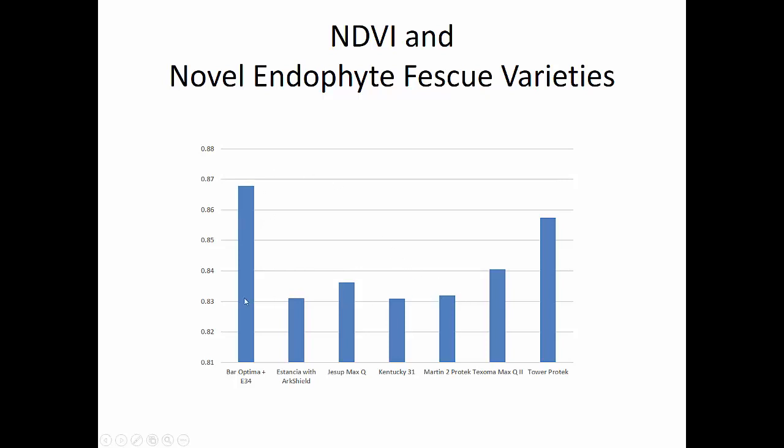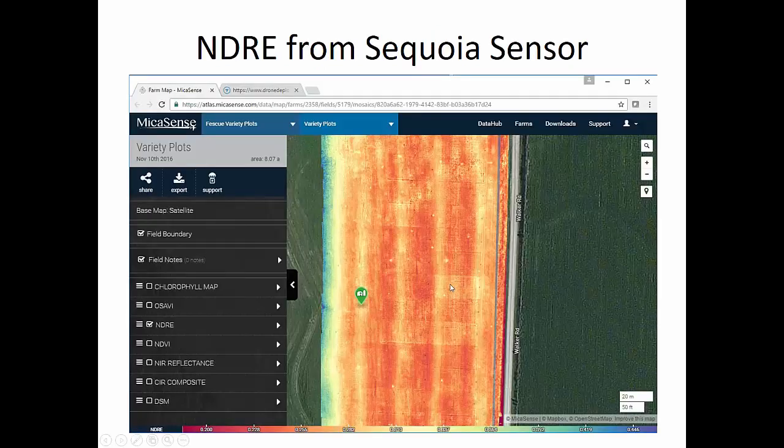Now some of these, the NDVI image was about the same, so I couldn't tell the difference between Kentucky 31 and Martin 2 ProTech, but I could tell that the Bar Optima or the Tower ProTech was different than some of the rest of these varieties. So we're still experimenting on that side.